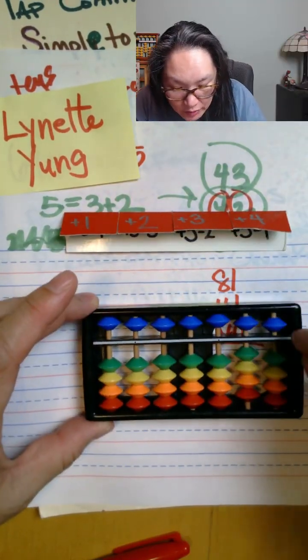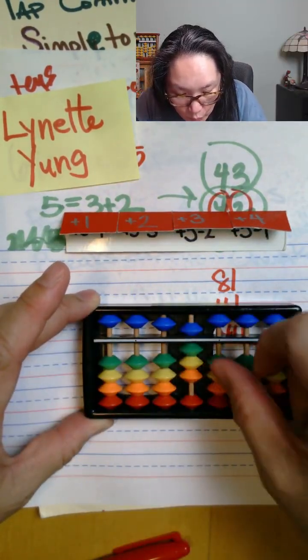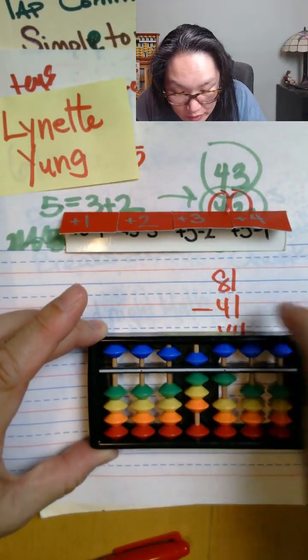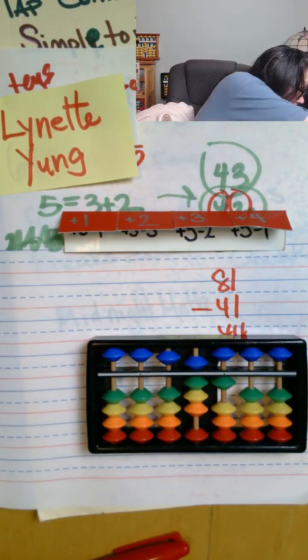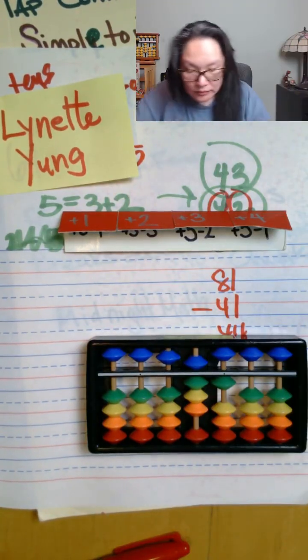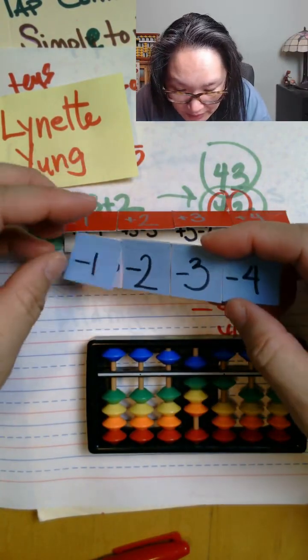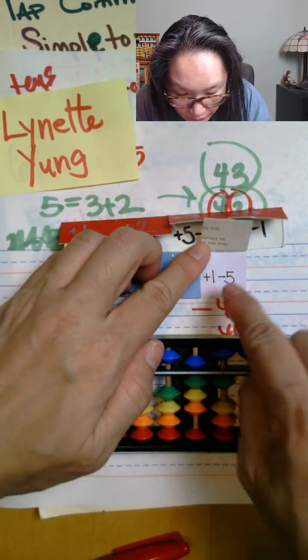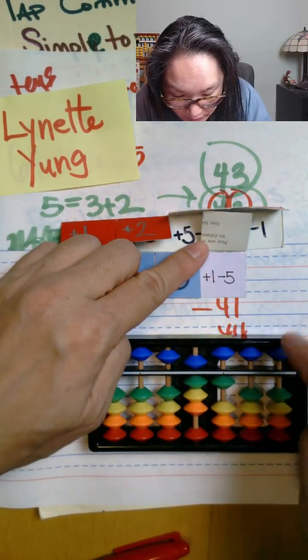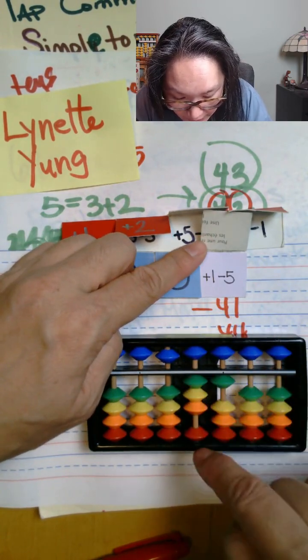Okay, so we're going to do 81. So we do 81. And then we're going to take this as a whole. This one is a minus 4. Minus 4 is minus 5 plus 1. So I got to minus the 5 and then add the 1.